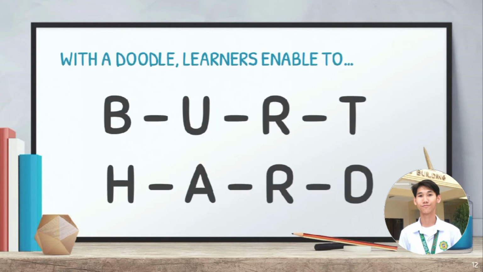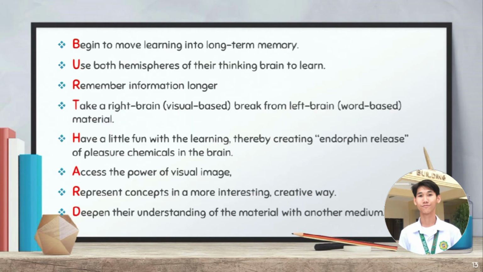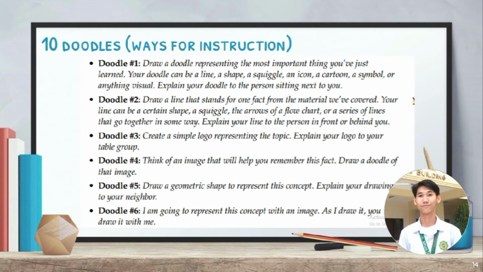With a doodle, learners are enabled to work hard, begin to move learning into long-term memory, use both hemispheres of their thinking brain to learn, remember information longer, take a right-brain, visual-based break from left-brain, word-based material, have a little fun with the learning, thereby creating an endorphin release of pleasure chemicals in the brain, access the power of visual image, represent the concepts in a more interesting, creative way, and deepen their understanding of the material with another medium. How are we going to do that?